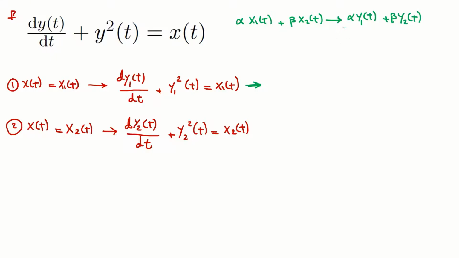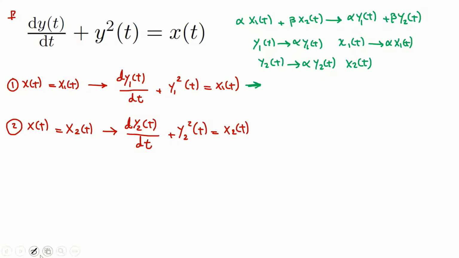And that means if this system is a linear system, then I can replace all y1(t) by alpha y1(t) and all x1(t) by alpha x1(t) in the relationship between input and output. And also I can replace the same y2(t) by beta y2(t) and x2(t) by beta x2(t), sorry, this is beta, not alpha.